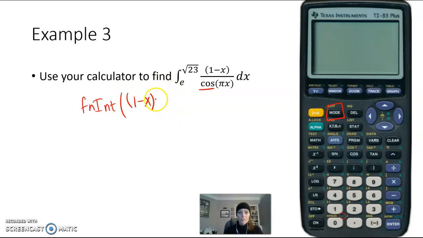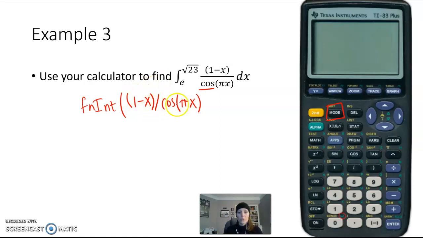Then you're going to use your division symbol, and you have cosine, which is the button on your calculator, and that automatically opens up parentheses to then punch in pi x, and then close parentheses there.